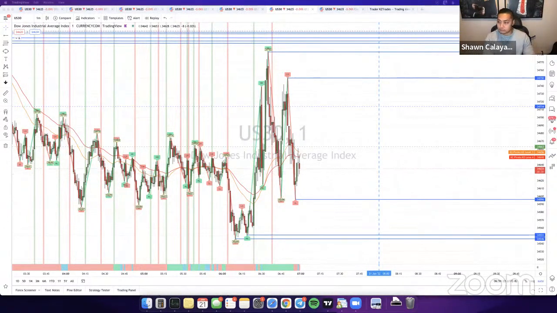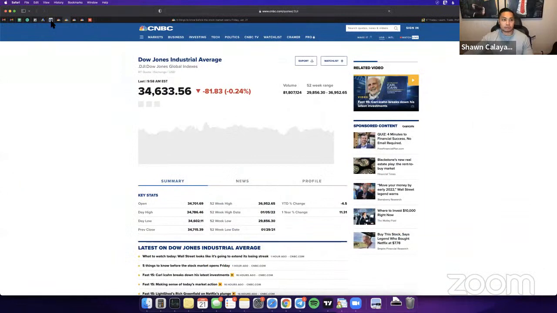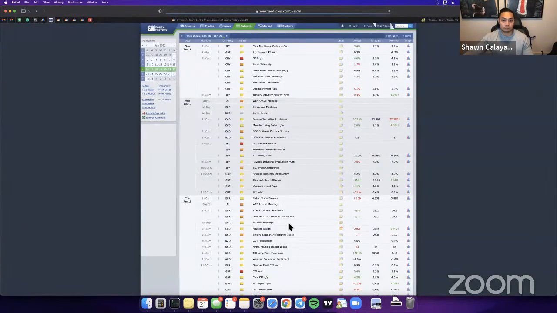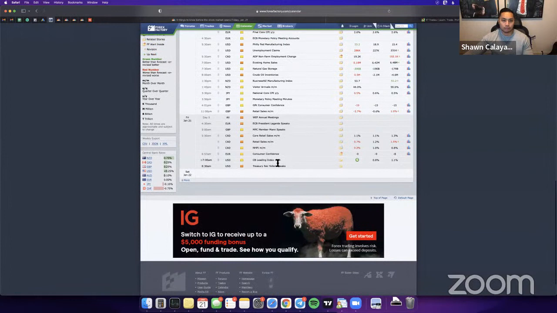So something to pay attention to. But there's nothing available right now. We might have some news coming up right here as well. We have CB leading index at 7 o'clock.